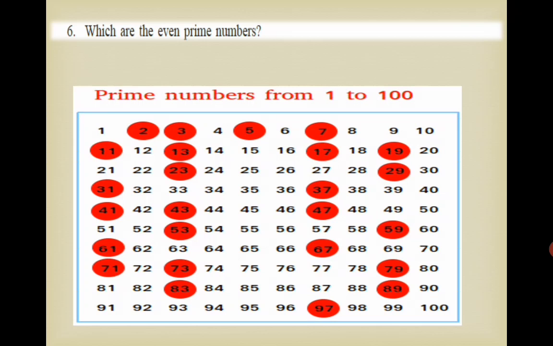No. It cannot be, because whichever number is an even number, it gets cancelled by 2. It is a divisor of 2. So no even number can be a prime number except for the number 2. So our answer is, again in the statement form, remember, the number 2 is the only even prime number.